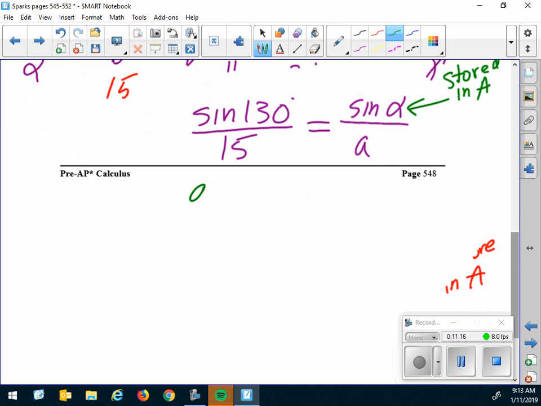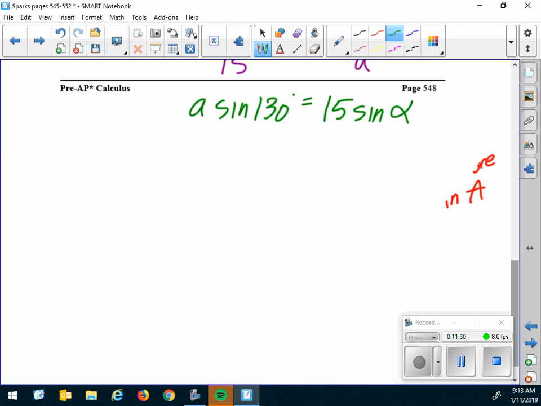Cross multiply. A sine 130 equals 15 sine alpha. But again, that's not a variable right now. We know that number. We have it stored. What do we do? Yeah, I need to get this A by itself.